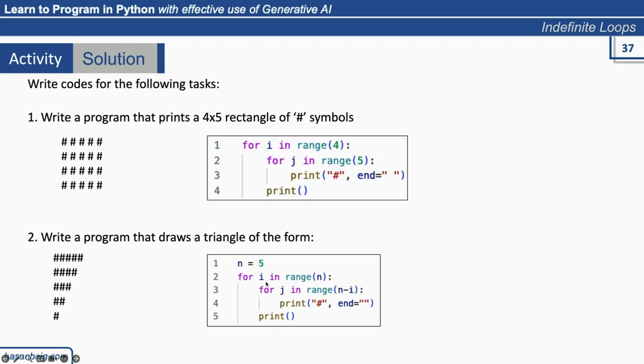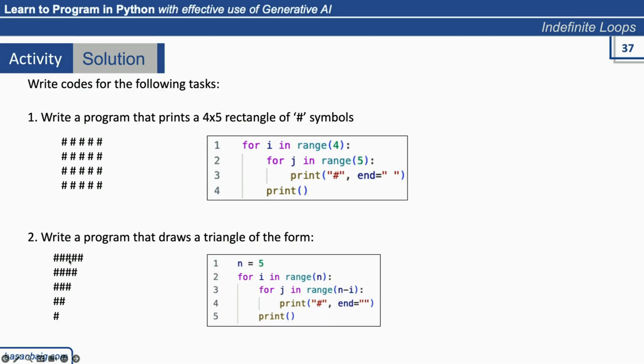Initially, when the outer loop is running for the first time, what would the value of i be? 0, because the range function generates a sequence of numbers starting from 0 to 4. So the first time the outer loop is running, the value of i is 0. So it is 5 minus 0, and it will print hash 5 times.